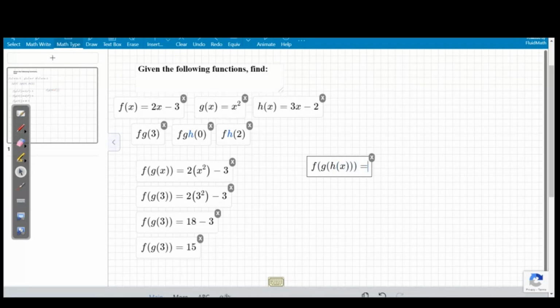So this is equal to, let's take the g first. So this will be f of g of h of x, and h of x is what? 3x minus 2.